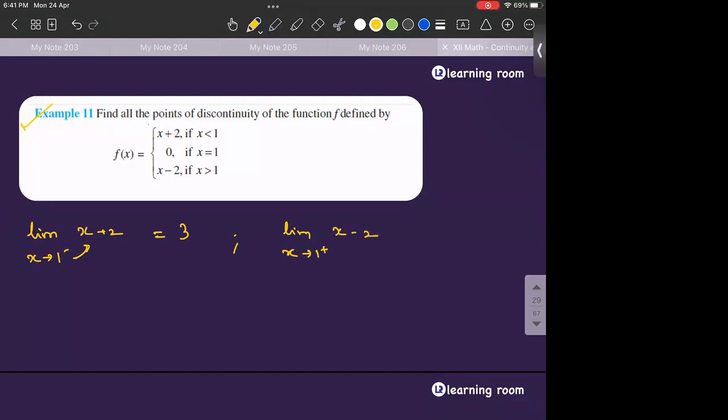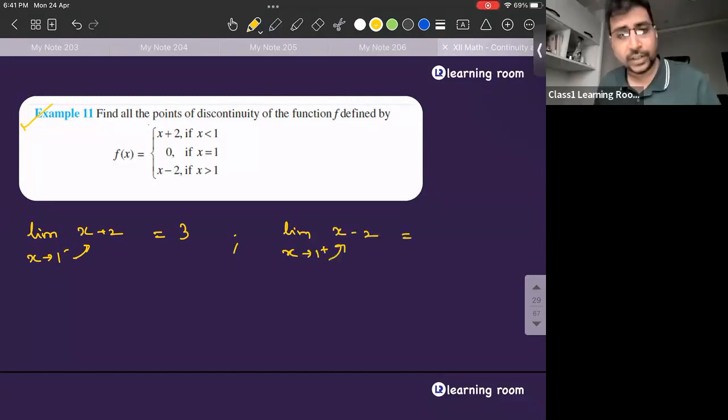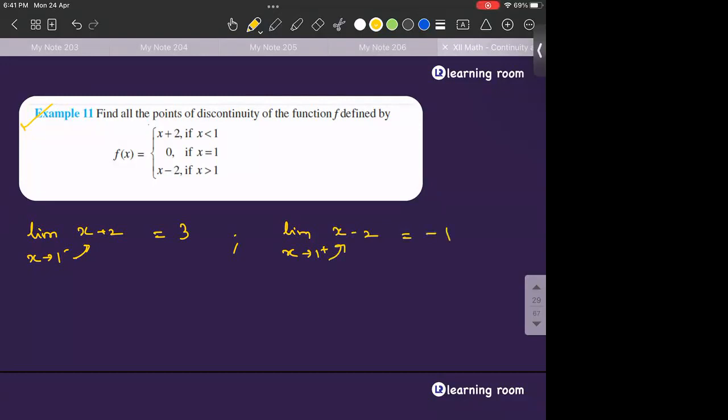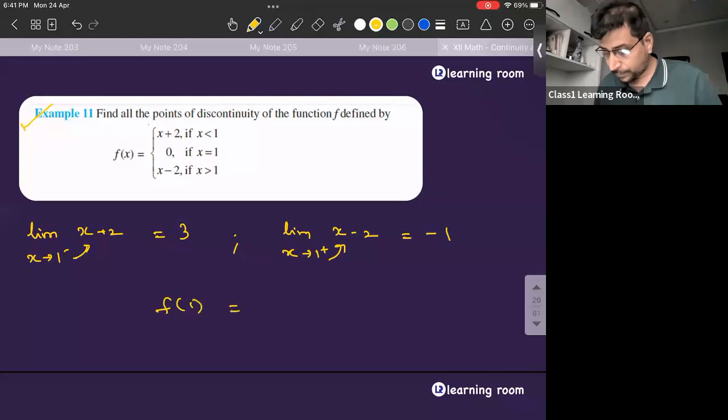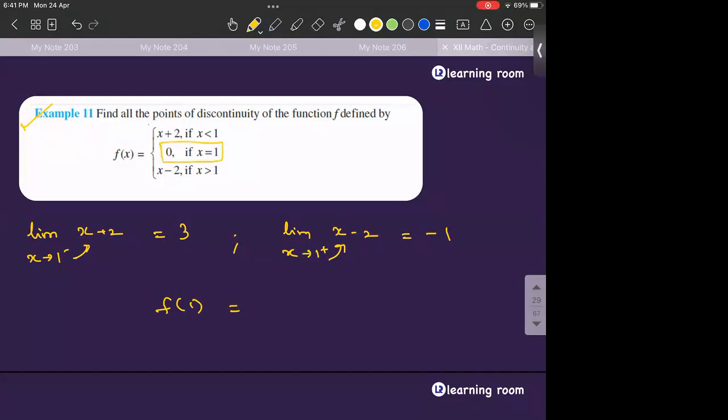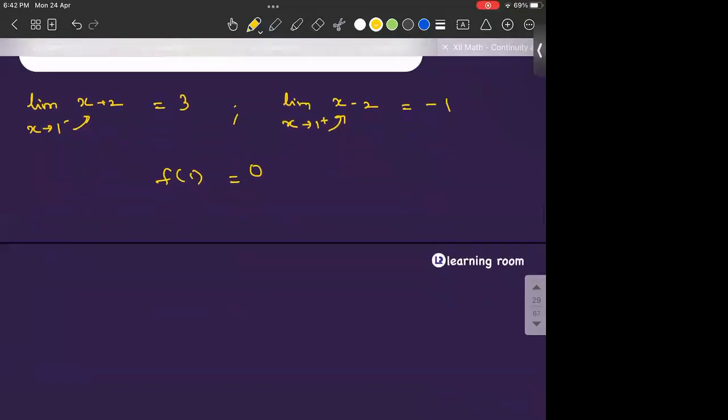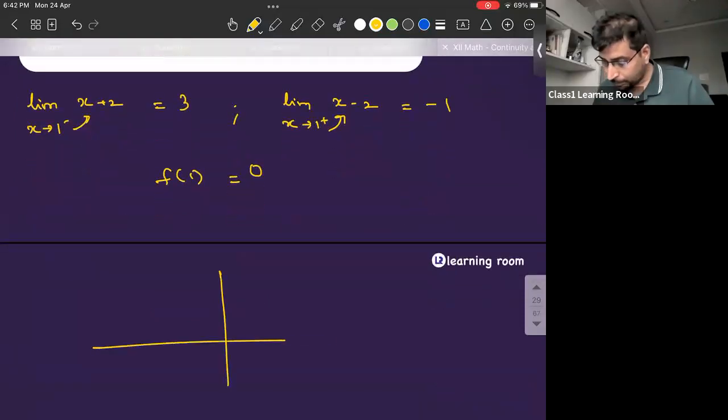Substitute this 1 here. What will the answer be? -1. What is the function value, f of 1? 0.